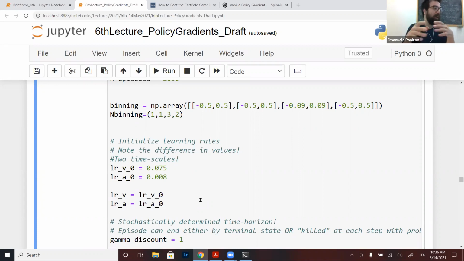So generally speaking, you don't need to arrive at convergence. You do the smallest system possible, you do only a fraction of the time, and you try to keep the trajectory of values and policies.